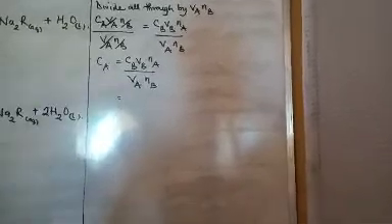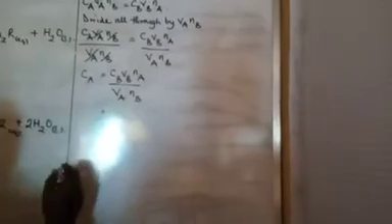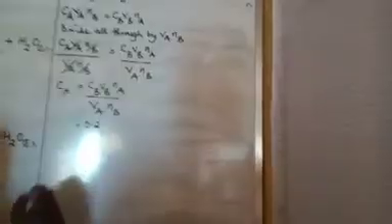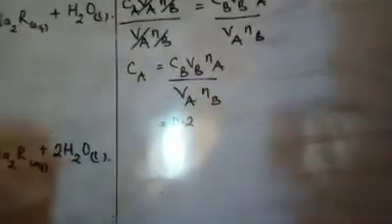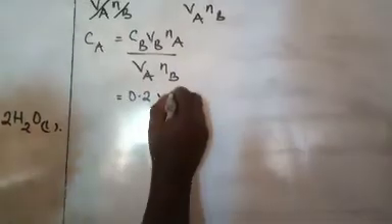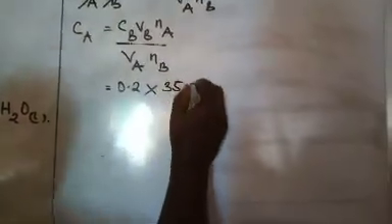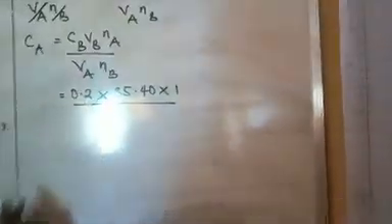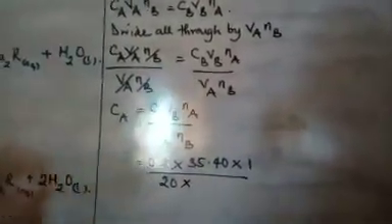Then you can slot in the parameter values for each of them. The concentration of base here, CB, is 0.2, so I write 0.2 times volume of base here is 35.40 times number of mole ratio of acid is 1 over volume of acid here is what? 20 multiplied by number of mole ratio of base is 2.